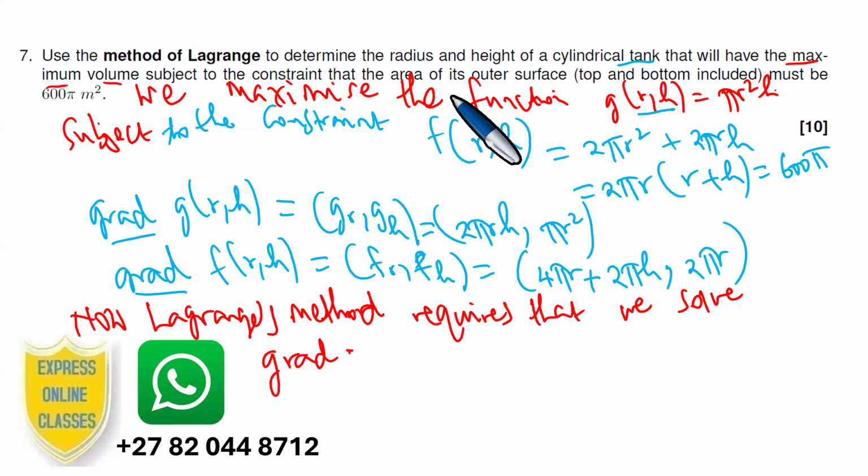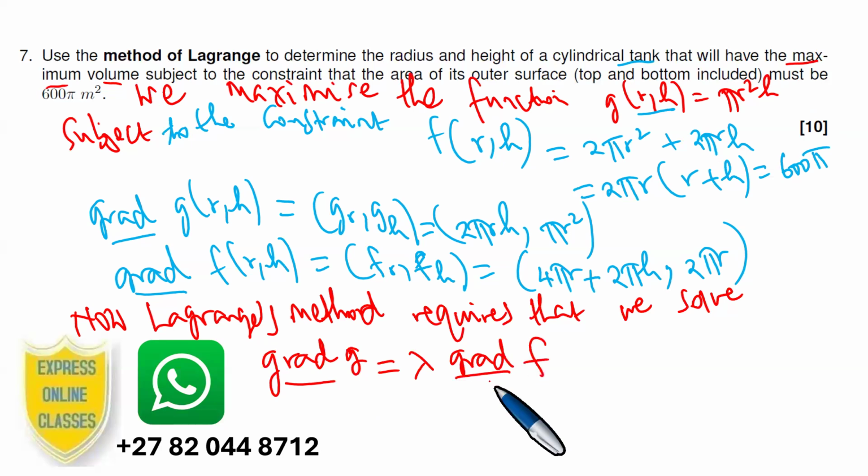So the maximum volume, this is what we want to find. Which means that the gradient of G is lambda times the gradient of F. So we continue.